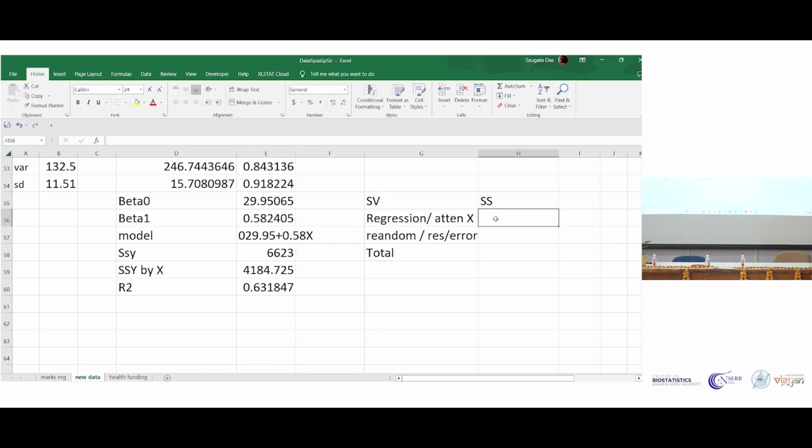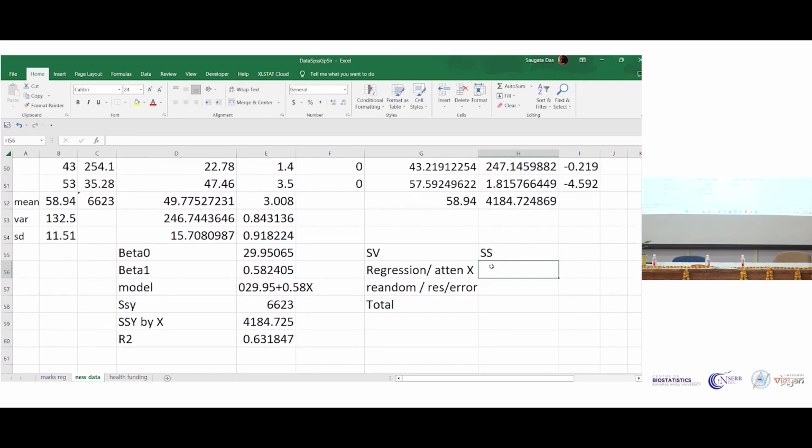What is the sum of square of regression? It is 4, 1. So equal to, I clicked in this cell, it will type. Okay. What is total? I click here, equal to, and I clicked here, it will type. And for this one, as we discussed, this minus this.